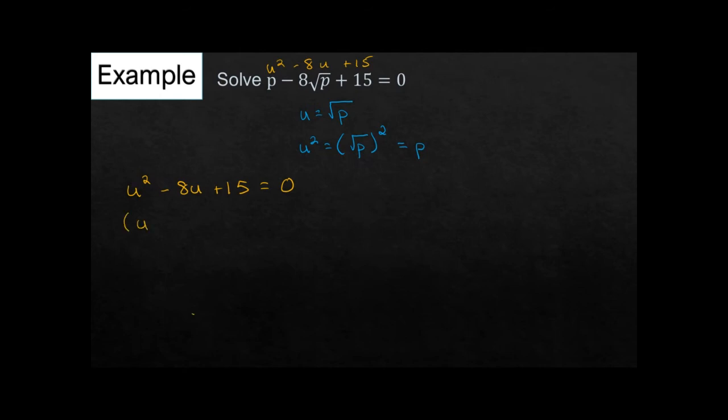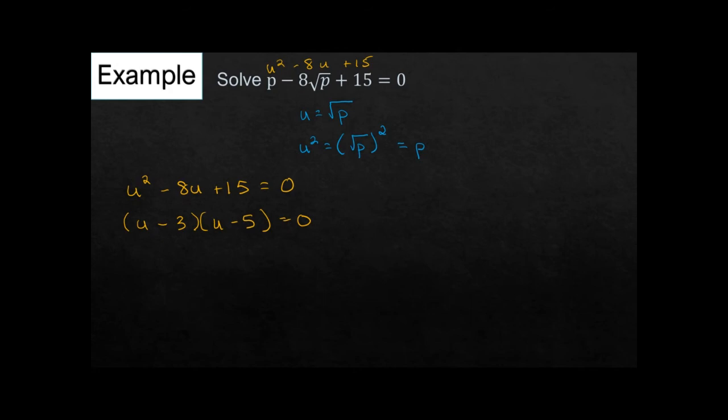Let's see, 3 times 5 is 15. They both have to be negative to get to a negative 8. So it factors to u minus 3 times u minus 5. Negative 3 times negative 5 is a positive 15. Negative 3 plus negative 5 is negative 8.